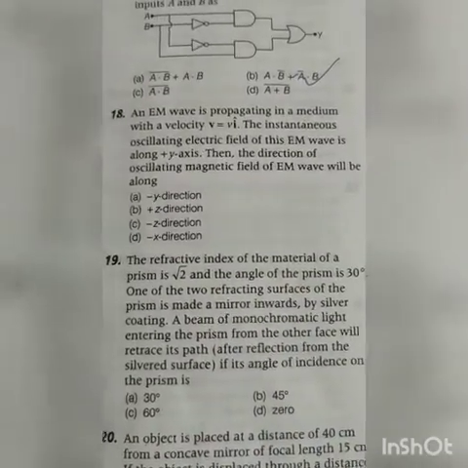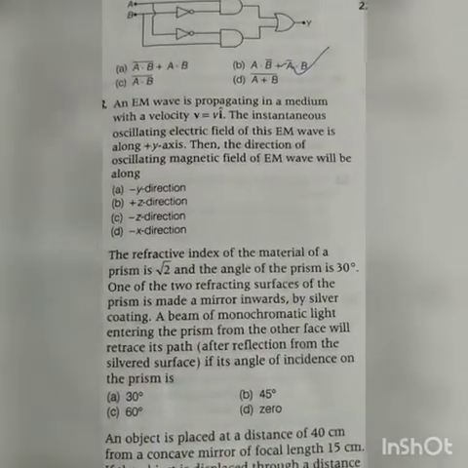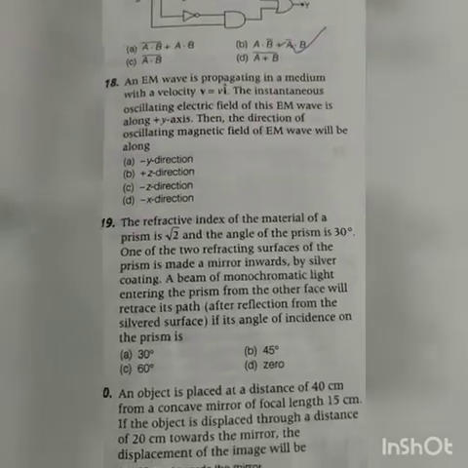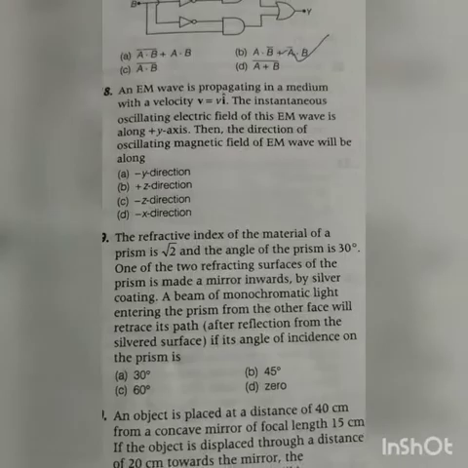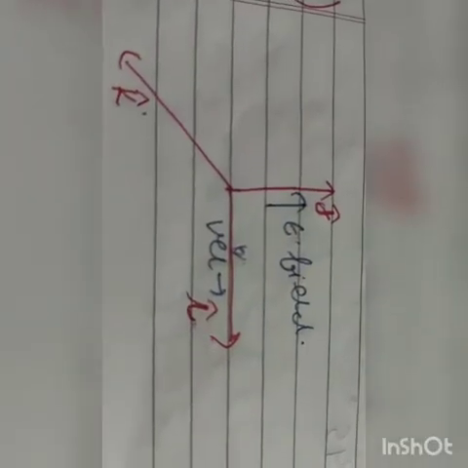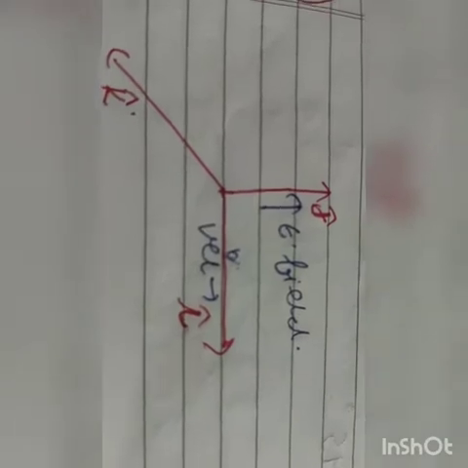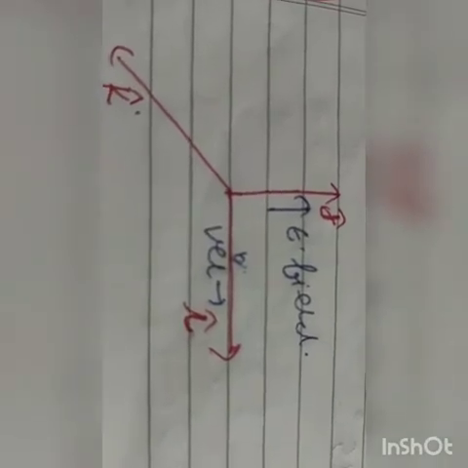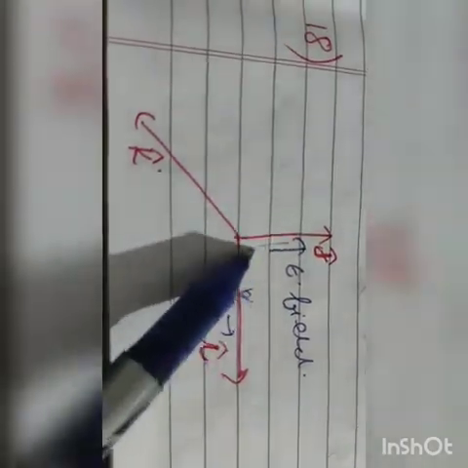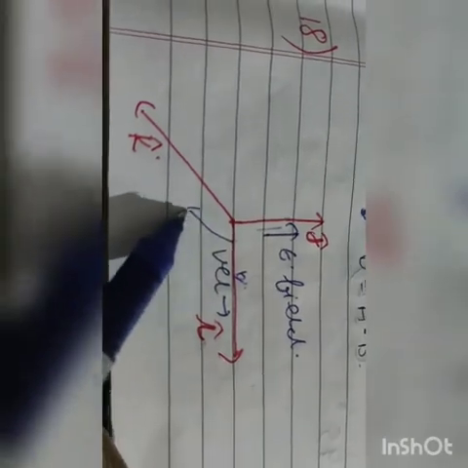Now we just have to see, in this question the direction of velocity and electric field is given. We have just to find out the direction of the magnetic field. When we had seen the graph of this type, in that chapter we had done that velocity is in this direction, electric field is in the upward direction, and the magnetic field was like this.